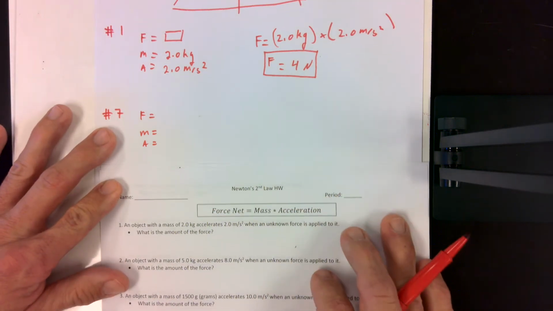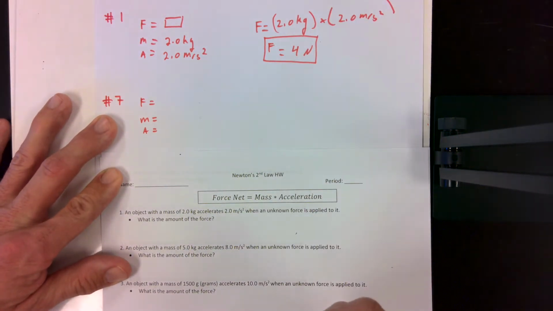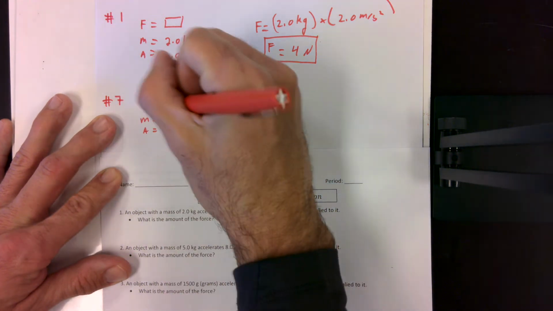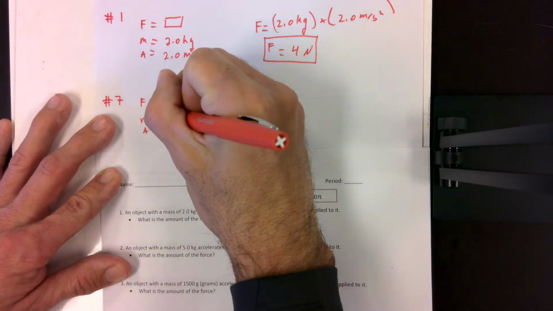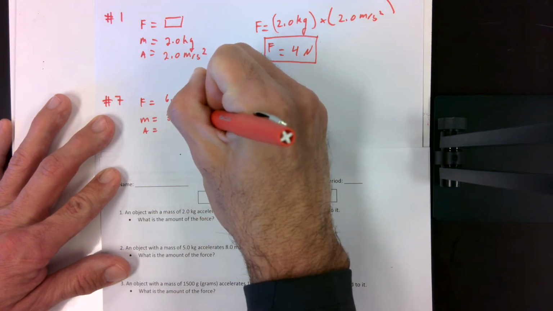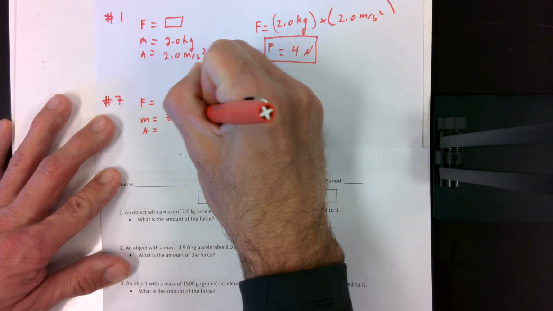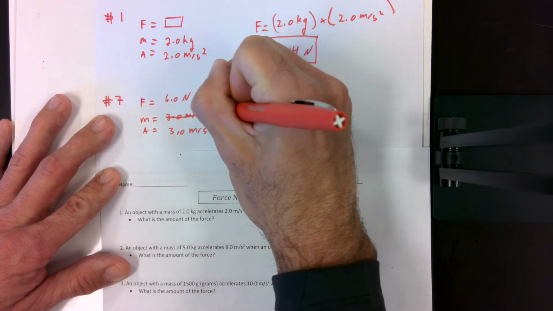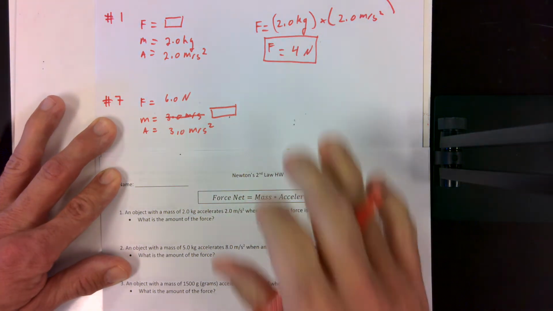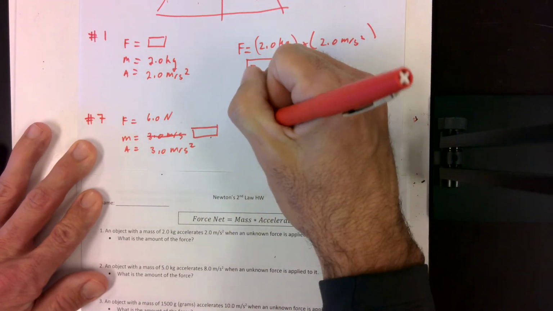So I list out all my stuff, and I know it said force is 6 newtons. Acceleration was 3.0 meters per second squared, and I have to solve for mass. So I simply set this one up.